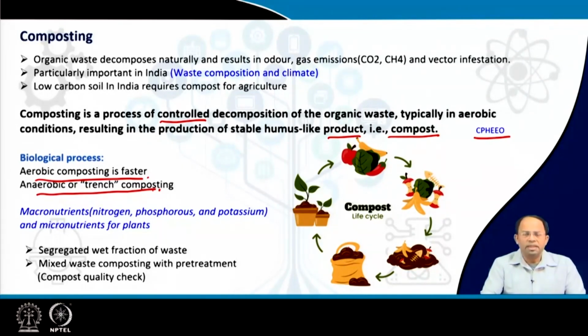Now, composting results in accumulation of several macronutrients as well as micronutrients for the plants, which could eventually be taken up by the plants if this compost is applied to them. Macronutrients such as nitrogen, phosphorus, and potassium are the results of the composting process.